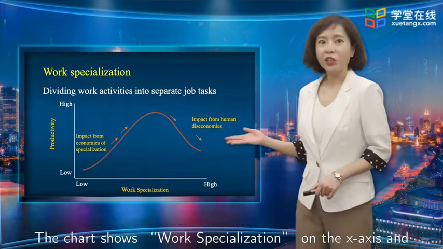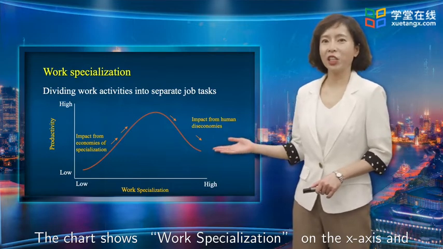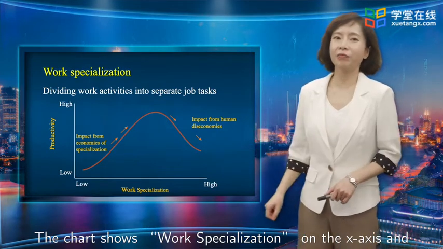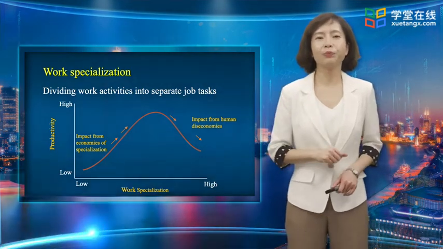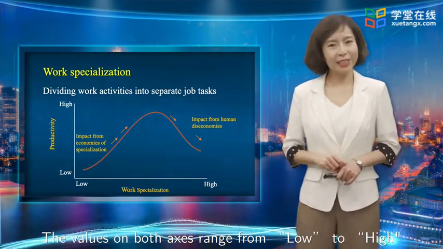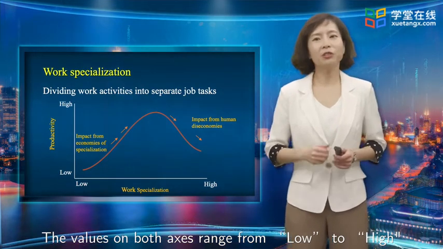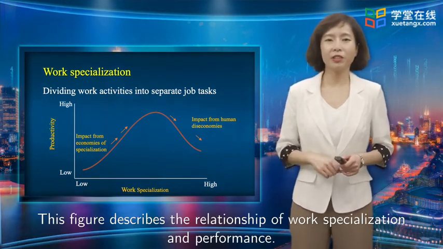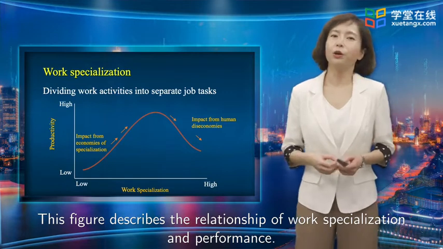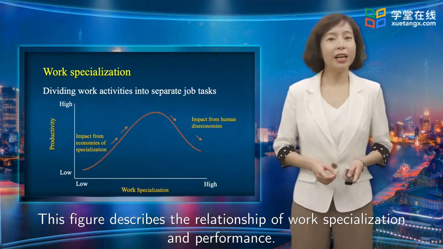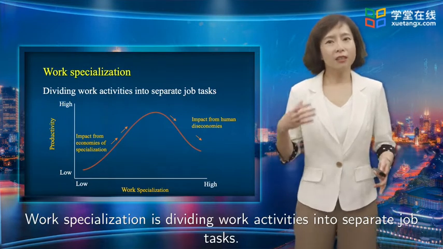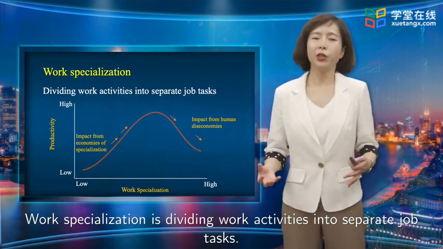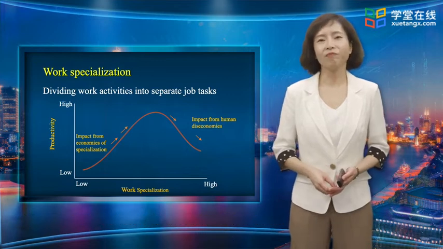The chart shows work specialization on x-axis and productivity on y-axis. The values on both axes range from low to high, and this figure describes the relationship of work specialization and performance. Work specialization is dividing work activities into separate job tasks.